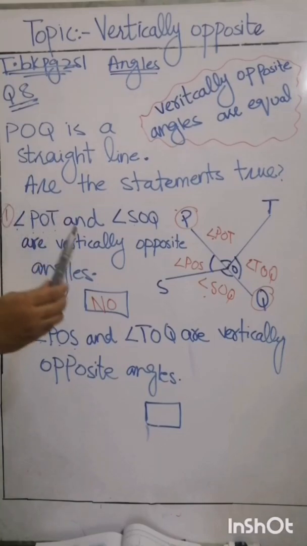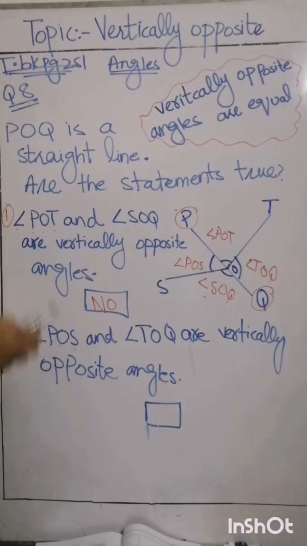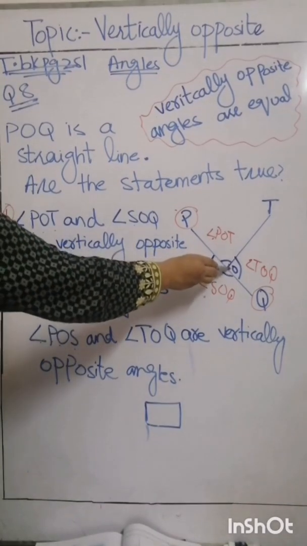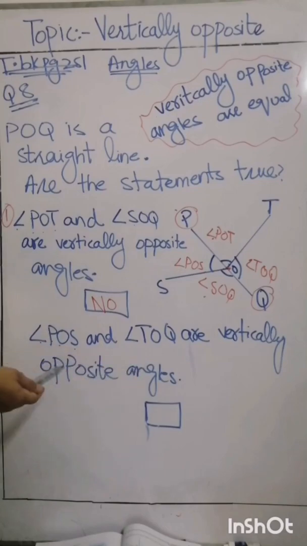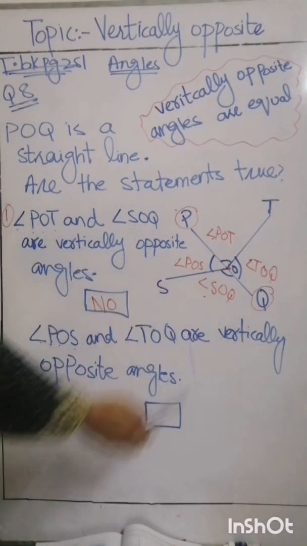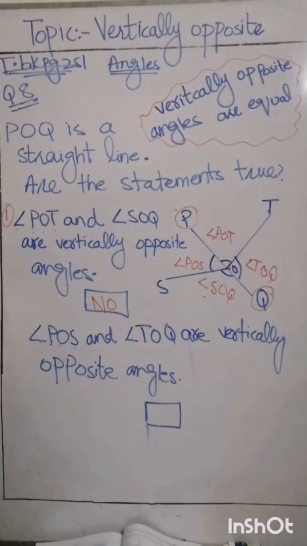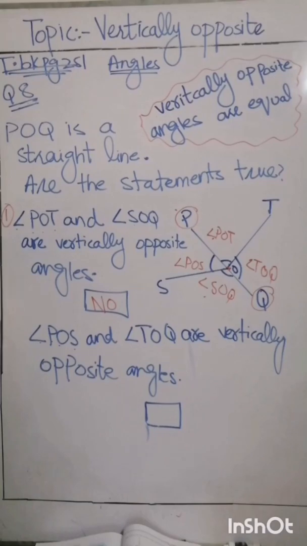The requirement for vertically opposite angles is that there must be two straight lines which cut each other at one point. But this requirement is not fulfilled here. We have only one straight line, POQ, and SOT is not a straight line.